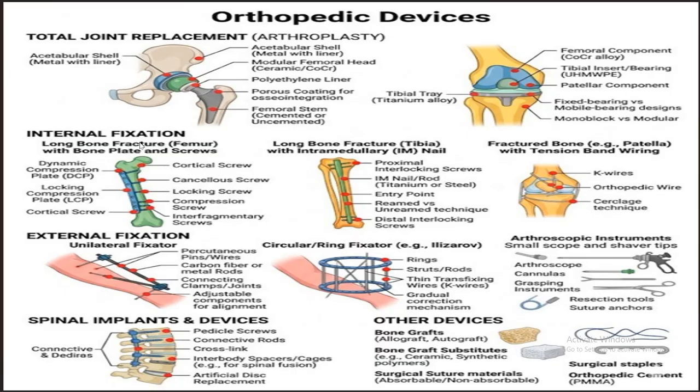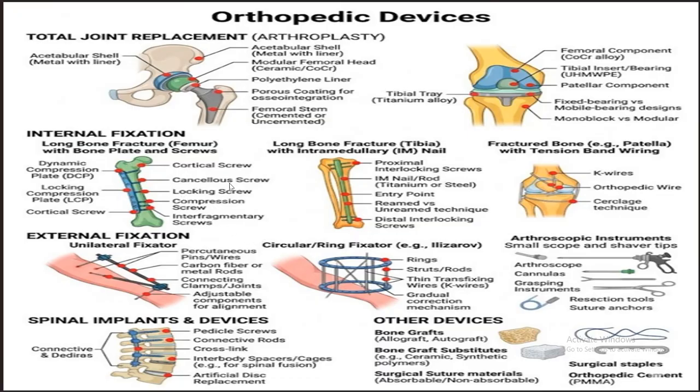Next we have internal fixation. Mostly we will use internal fixation for ORIF, open reduction and internal fixation. Internal fixation is the most important component of ORIF procedures. So what are the most common internal fixation devices?